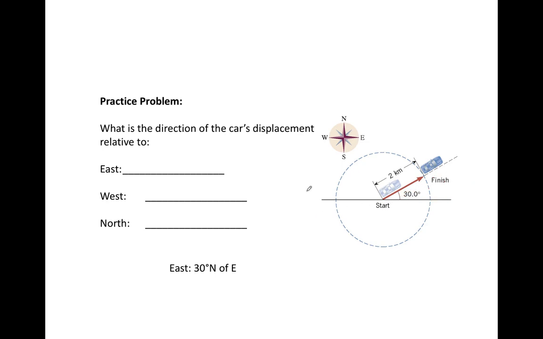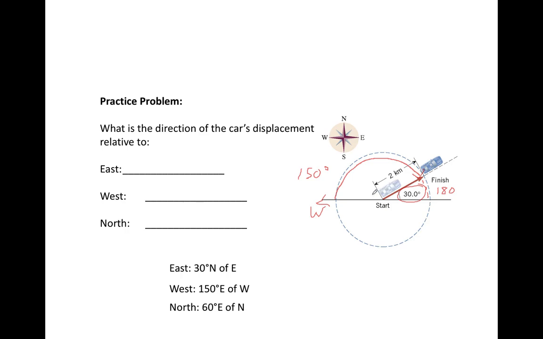Okay, and then west, the car would be 150 degrees east of west. So if we're starting here, this is west, and the car finishes here. So we're going from this point all the way across to here. And that angle is 150 degrees because all the way is 180. So 180 minus 30 is 150.